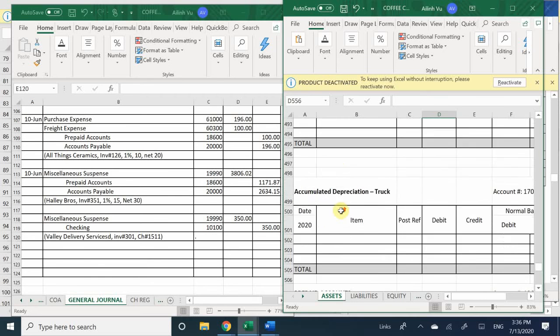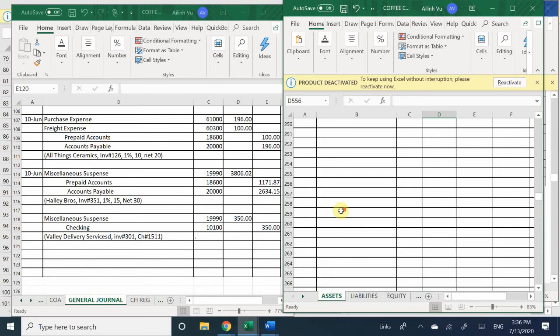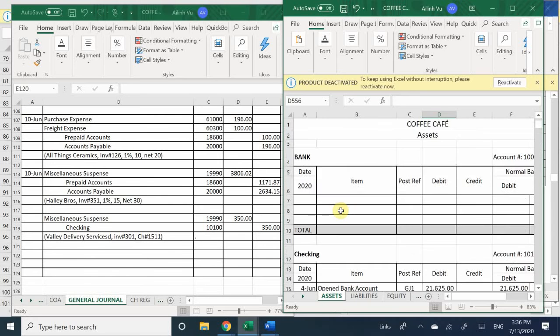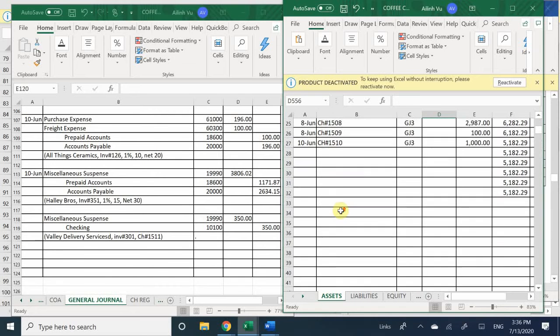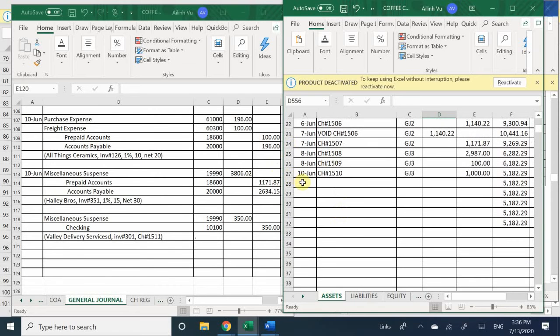Yes. Then lastly, the last thing you need to do is, because you wrote a check, you need to also take the balance out of your check register. So check number 1511. Okay.